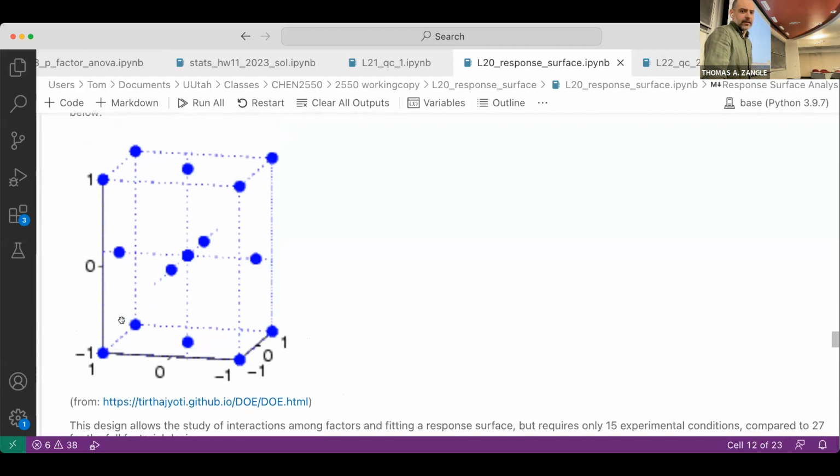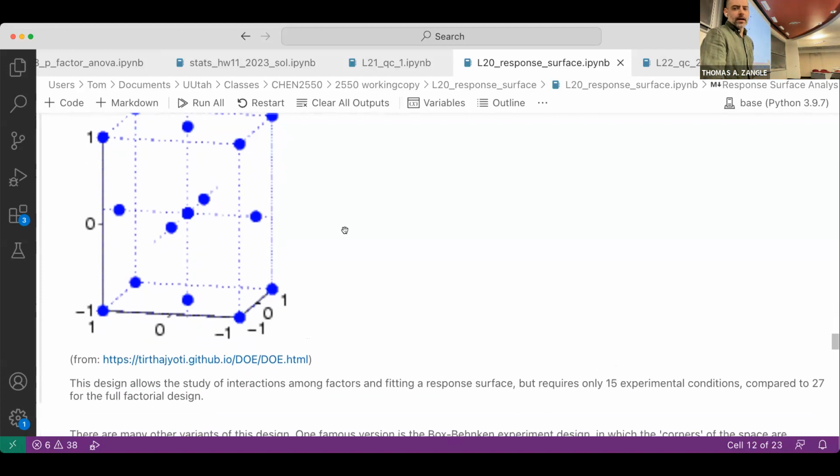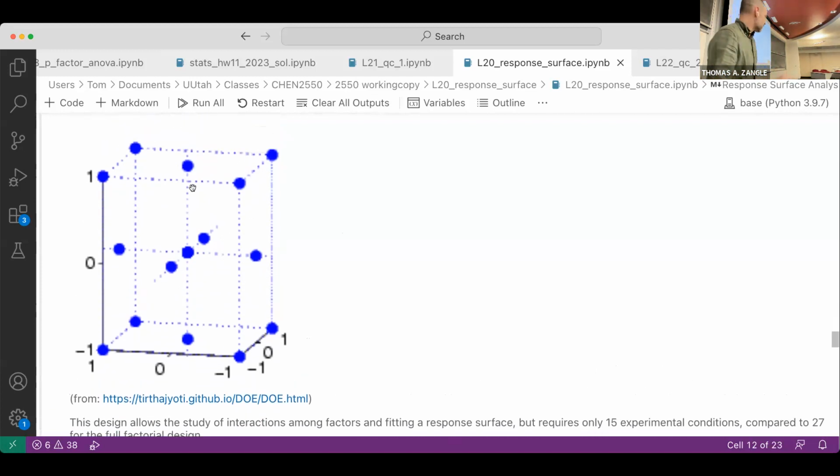So we see in this case, we're hitting all the corners of the cube. And also we have this kind of star shape that's in the middle. So it's kind of a cube plus star. This kind of experiment design also allows us to study interactions among factors, because we're hitting the corners, and the midpoint of each face, so we can see things about interactions among factors.